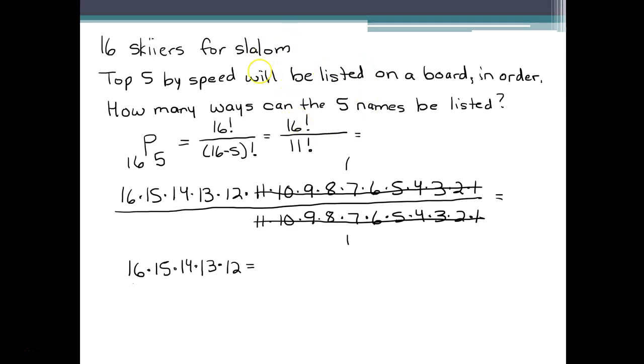So as far as how that leaderboard could end up being written, you've got 524,160 ways that can turn out. That's quite a few options. That's a lot. But yeah, order mattered. We had 16 contenders. Only the top 5 are chosen.